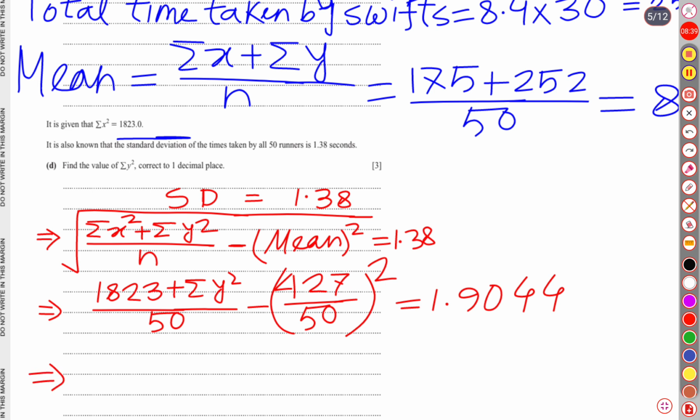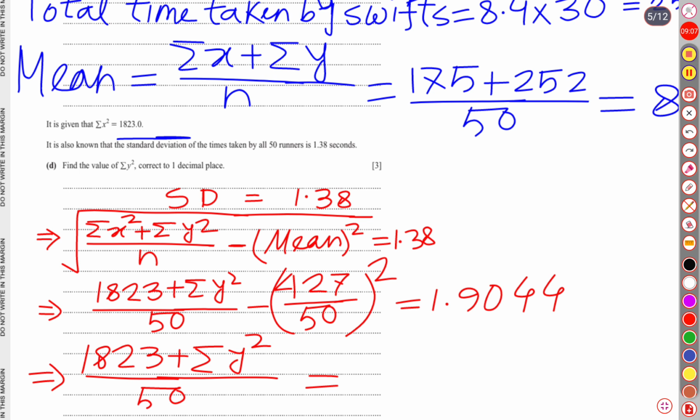Well, then if we substitute the value, if we take this value to the right side, it is going to be 1823 plus sum of y squared over 50.